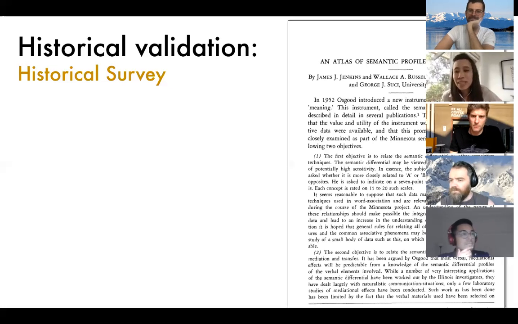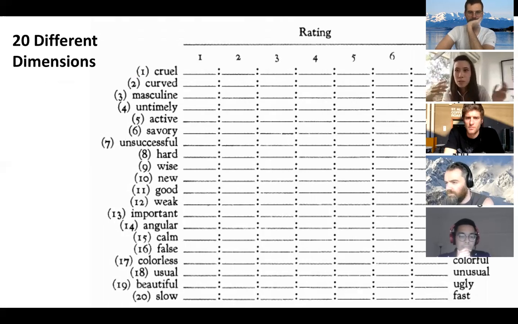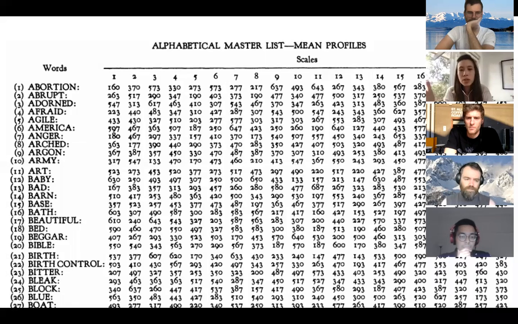This paper does a very similar thing to the Amazon Turk survey, where they had 20 different scales or dimensions defined by antonym word pairs. In this case, they've got things like cruel, kind, curved, straight, masculine, feminine. And they asked college students to rate 360 words along each of these scales.